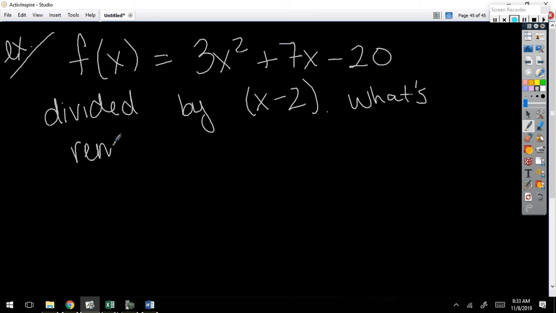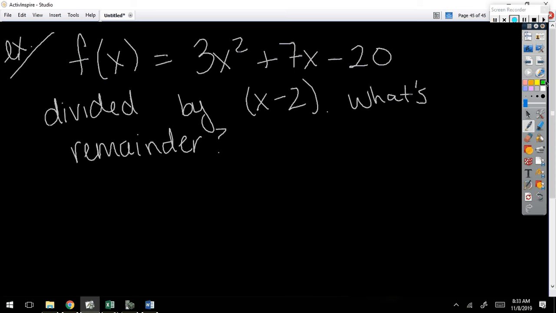What's the remainder? So without actually doing long division, I can find the remainder since it's just x minus a number. There are no coefficients, but you have to change the sign of k when you plug it in. So it will be positive 2 that you're plugging in.